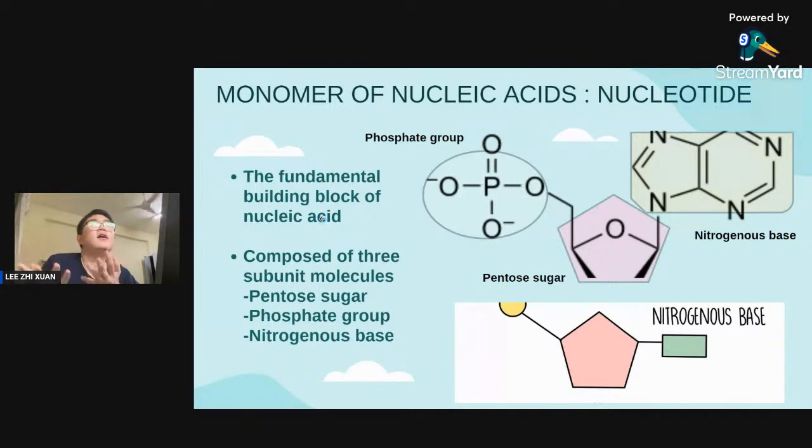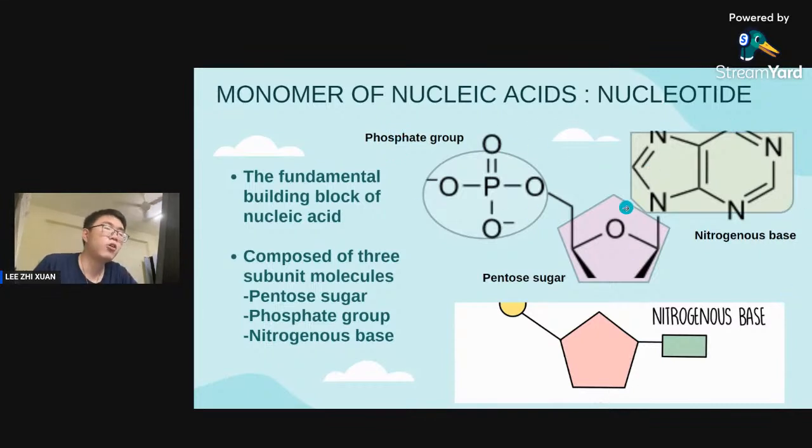Just like carbohydrate, lipid, and protein, it also has a monomer. For carbohydrate, the monomer is monosaccharide. For lipid, the monomers are glycerol and fatty acid. For protein, the monomer is amino acid. Same as nucleic acid, the monomer is nucleotide.